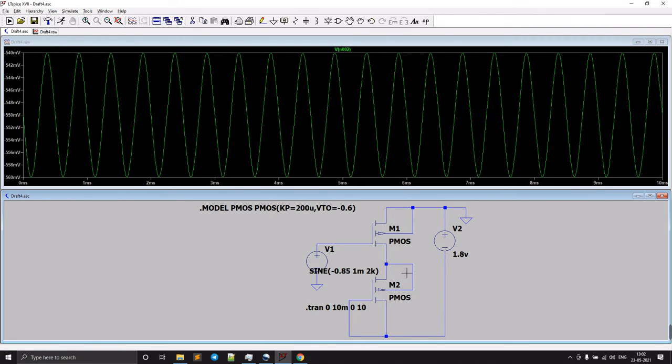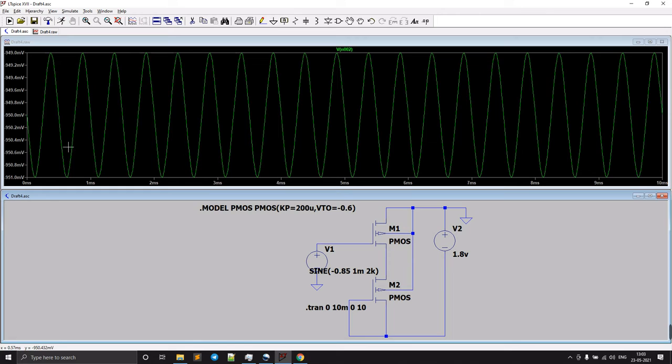Now let's maintain these sources, that means this base and this base both are at the same potential. So instead of connecting here, we just continue to connect this to the base of the other PMOS transistor. Now let's run this and see what the output will be. So now the output is minus 150 to 149.